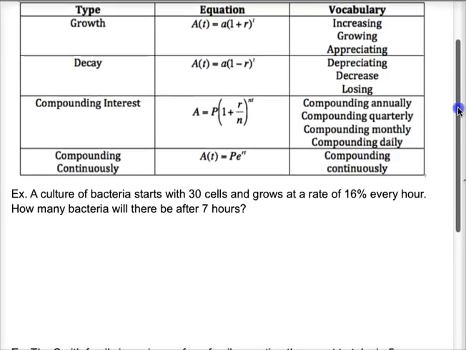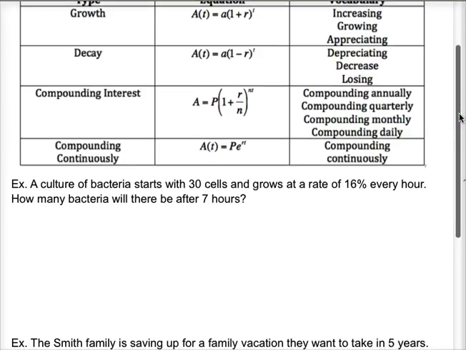A culture of bacteria starts with 30 cells and grows at a rate of 16% every hour. How many bacteria will there be after 7 hours? Well, we're talking about growing, but we're not talking about any compounding interest. So this is going to be a simple growth model. Remember, our simple growth model just looks like that.